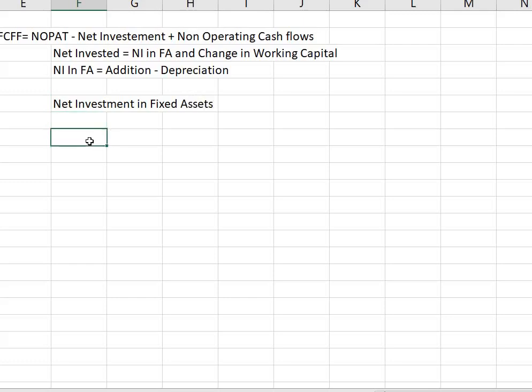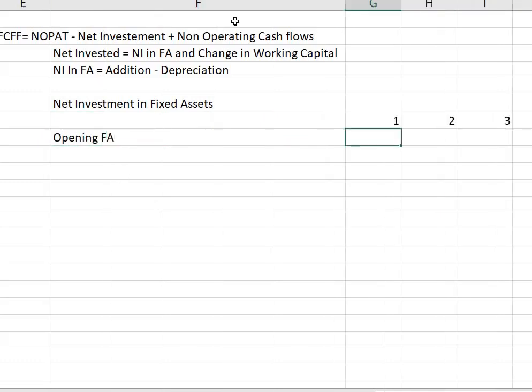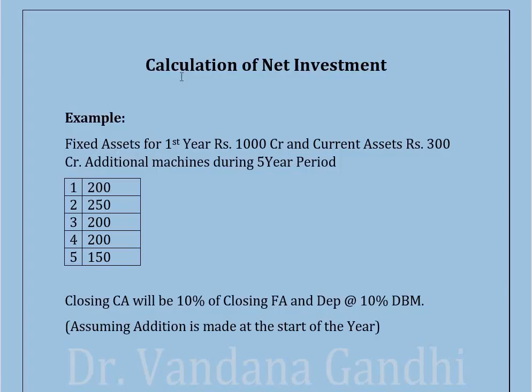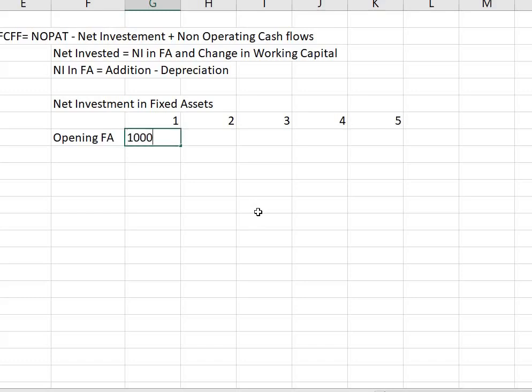right? Again, because we are calculating FCFF, the projection is for the 5-year period, right? So my opening fixed assets as mentioned in the problem, that is 1000 crore. So I will start with this 1000 crore as my opening fixed assets.